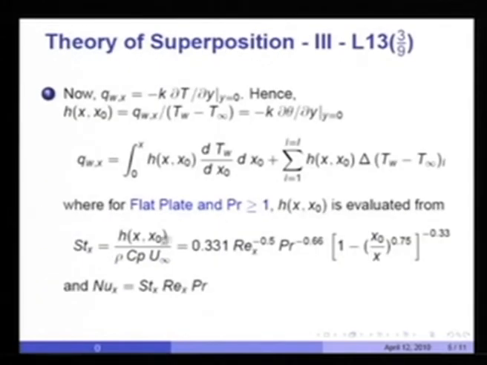So, it will be simply h x x naught equals rho C p u infinity into 0.331 Reynolds x to the power half, Prandtl to the minus 0.6, and so on and so forth.